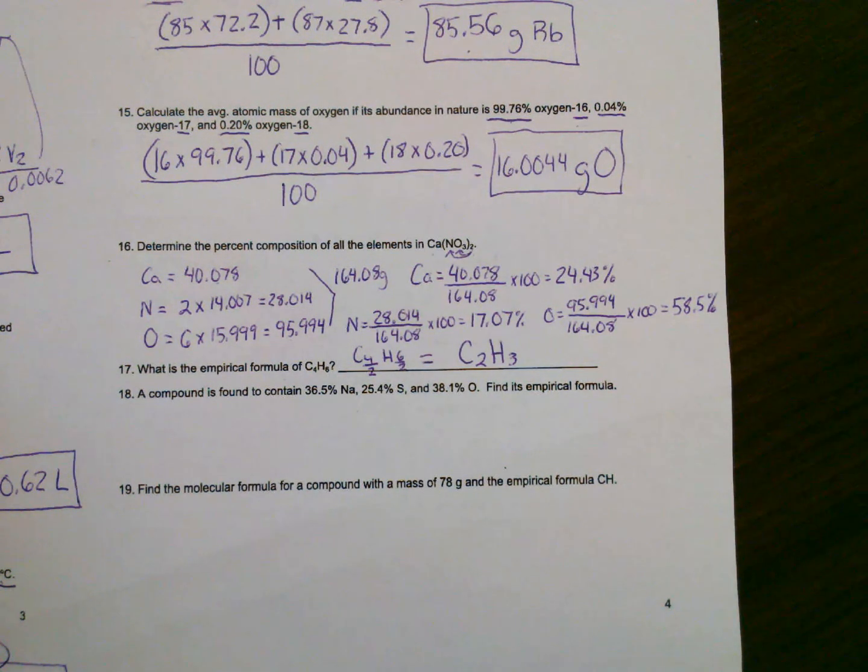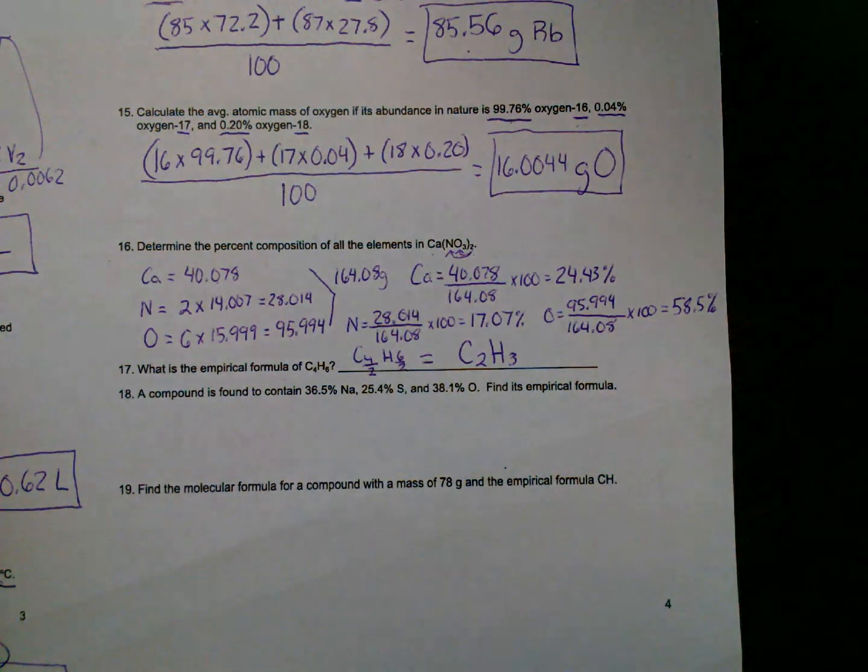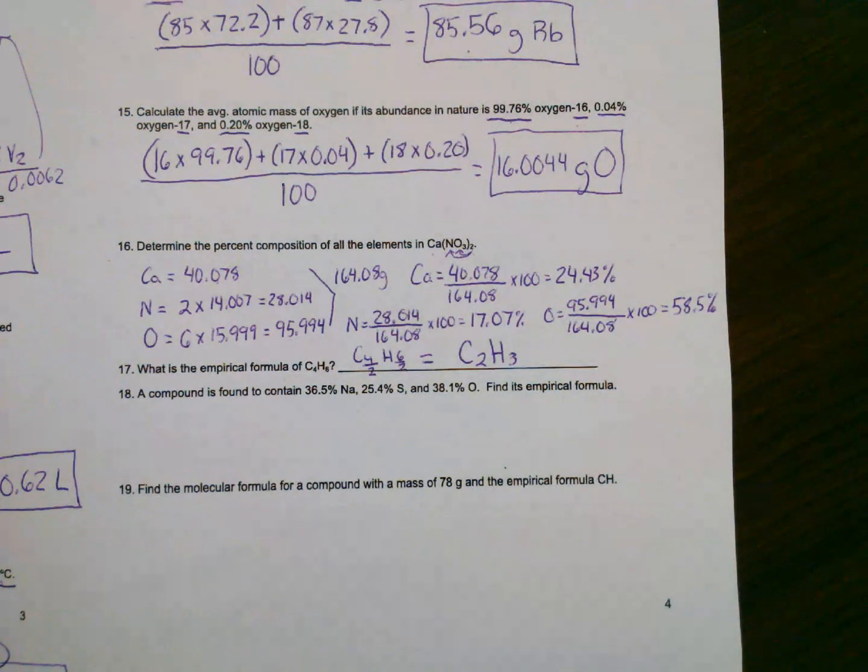Number 18, a compound is found to contain 36.5% of Na, 25.4% of S, and 38.1% of O. Find its empirical formula. So this problem has about 3 steps to it.